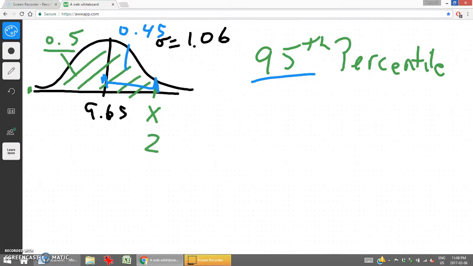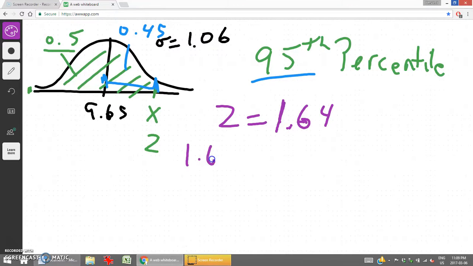So we need to find that Z value that corresponds to that area of 0.45, and we get a Z value of 1.64. It's kind of right in the middle, so you could use 1.65, but we're going to stick to 1.64. So that is the Z value that corresponds to that area. We now need to find the X value. So we just use our formula.